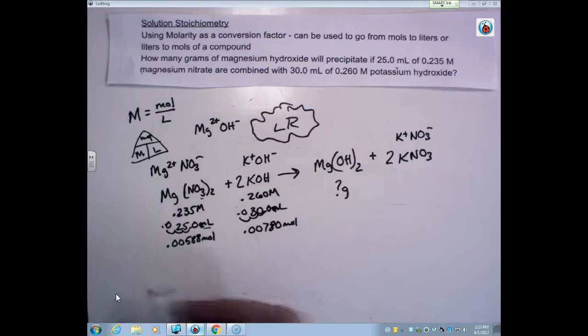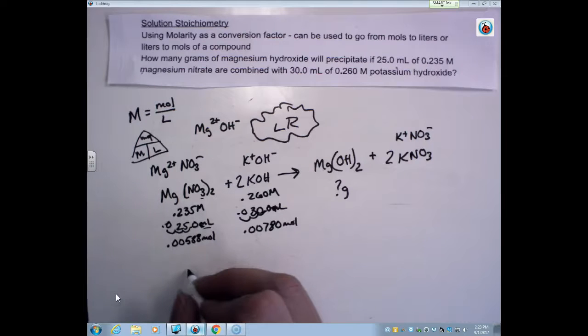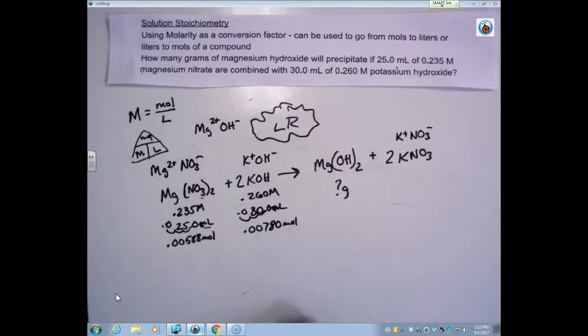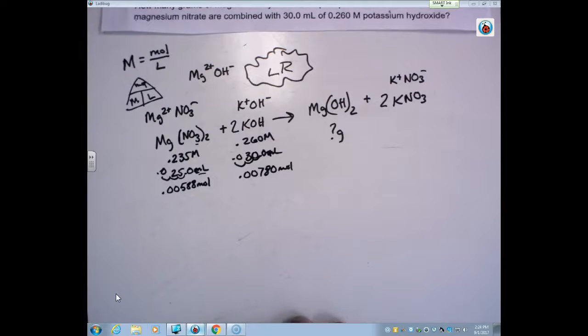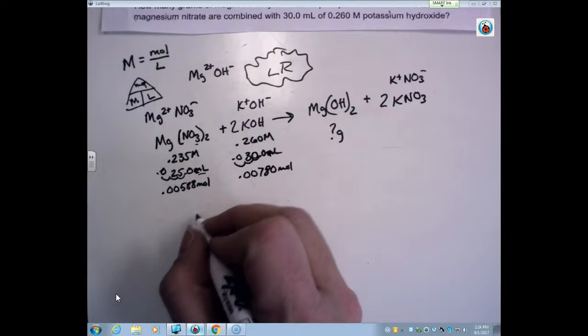That gives us a place to start, and now you can figure out your limiting reactant and the amount of product produced. So I'm going to start here, and I'm going to show you a little shortcut on how, since we're working with timed assessments, to go about finding the limiting reactant quickly when you can.